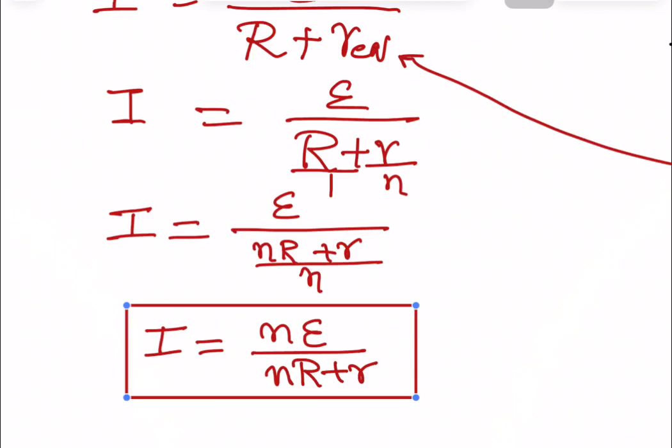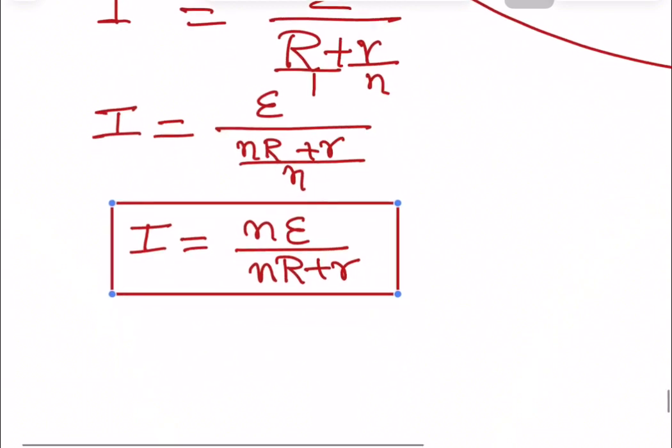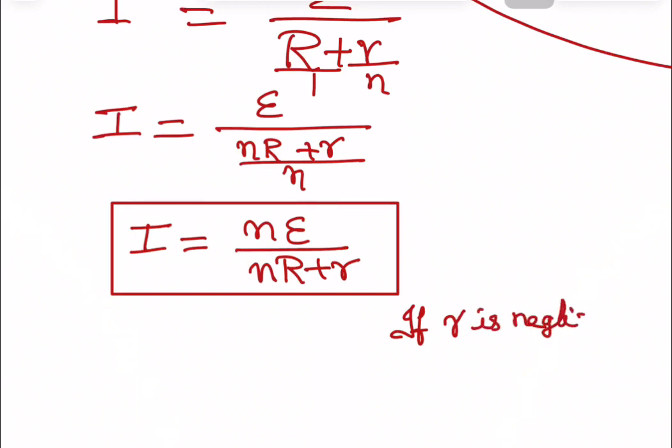Okay, so this is the expression for the current of this kind of combination. Let us assume the internal resistance is very small compared to n times the R. If r is negligible, you can neglect that in the denominator.